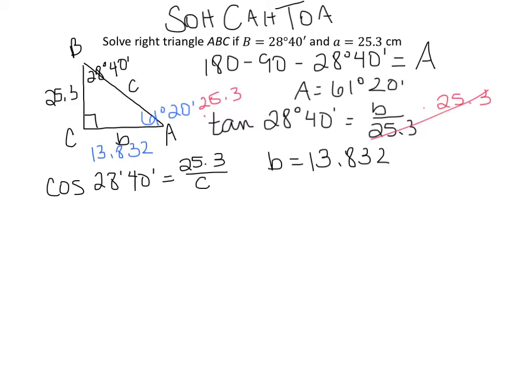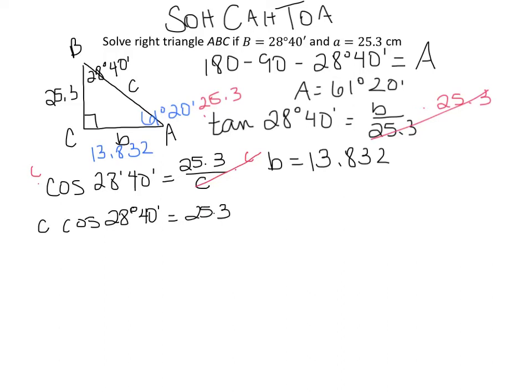Again, when we look algebraically, we would multiply by C on both sides. That would allow us to clear this denominator, and you end up with C times the cosine of 28 degrees, 40 minutes is equal to 25.3.